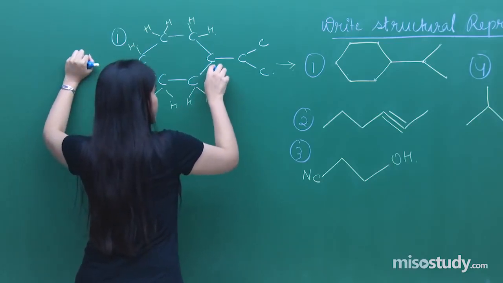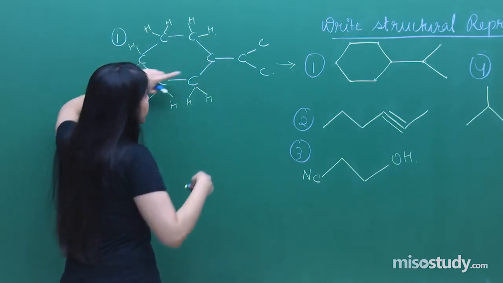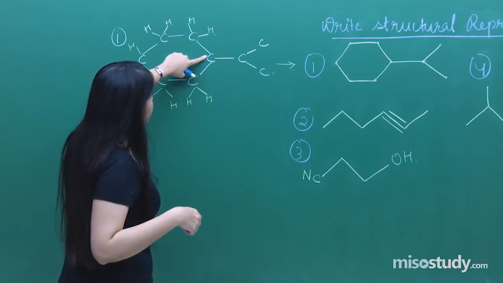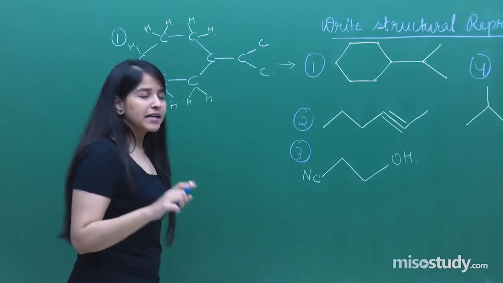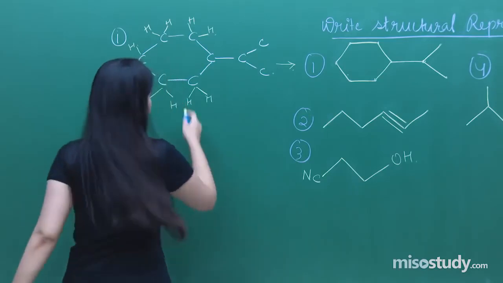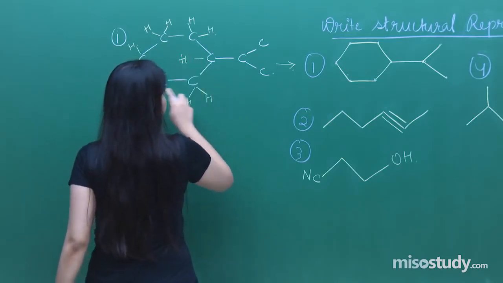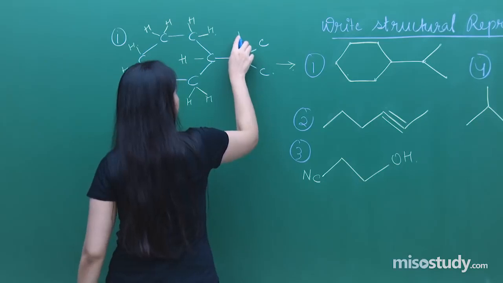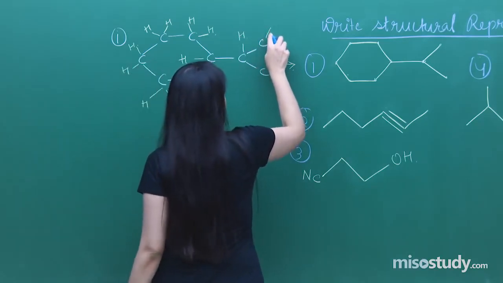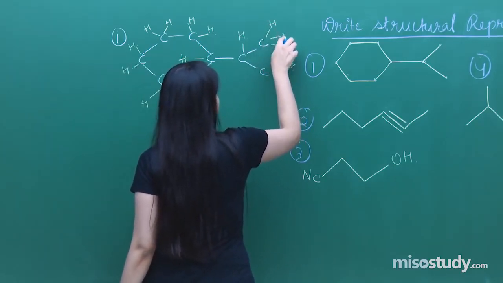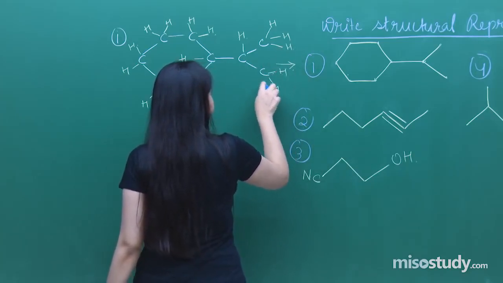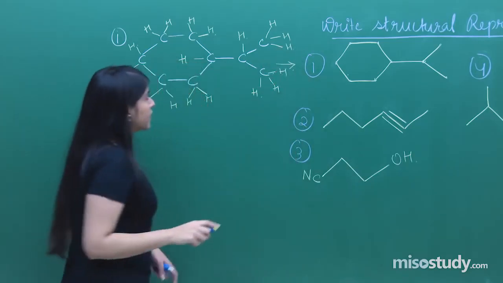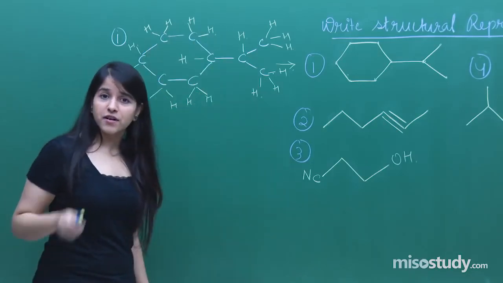All the hydrogens you need to represent, and over here the 3 valencies of the carbon are already occupied. I need to attach only 1 hydrogen. So it would be this. Now again 1 hydrogen, and since this is a methyl group, 3 hydrogens. So this is the entire structural representation.